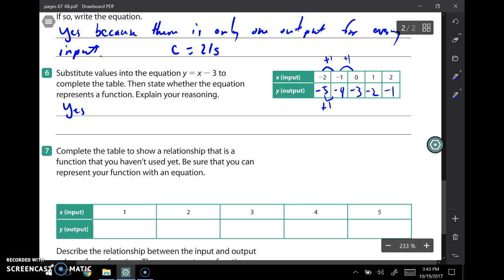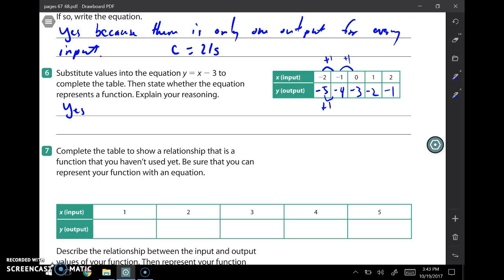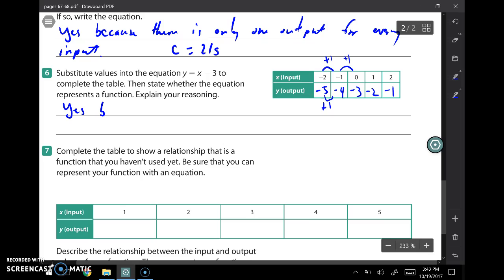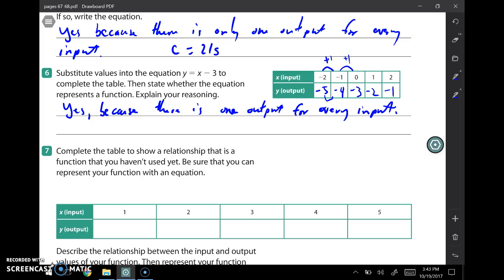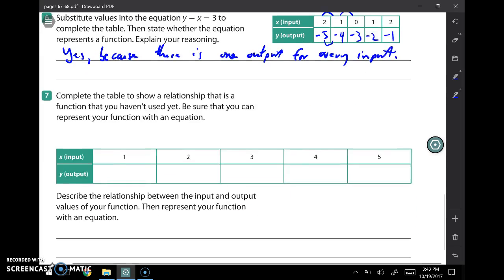Again, if we were to graph this, you can say it passes the vertical line test, but more importantly, yes, because there is one output for every input. And that's why it is a function. There are no repeated inputs with different outputs.